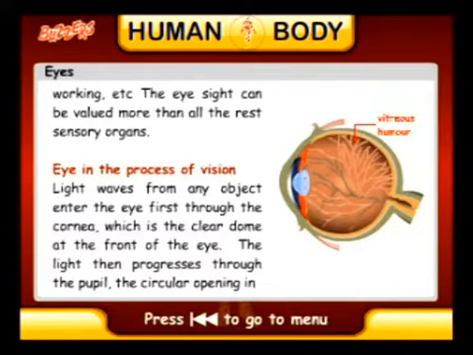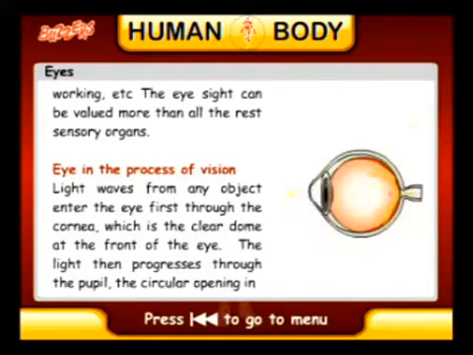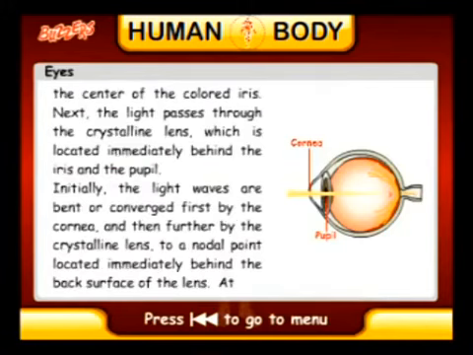Eye in the process of vision. Light waves from any object enter the eye first through the cornea, which is the clear dome at the front of the eye. The light then progresses through the pupil, the circular opening in the center of the colored iris. Next, the light passes through the crystalline lens, which is located immediately behind the iris and the pupil.